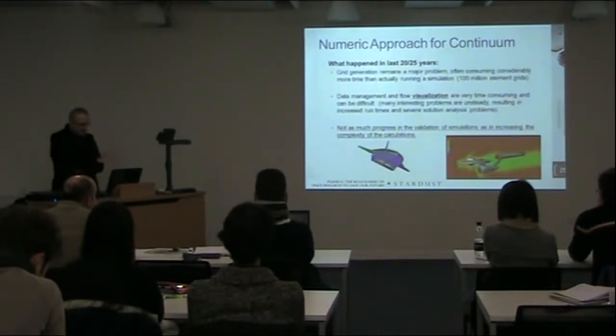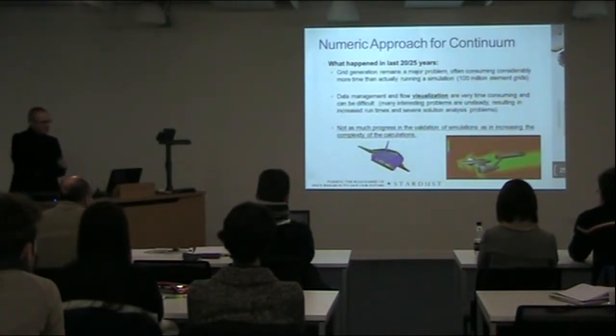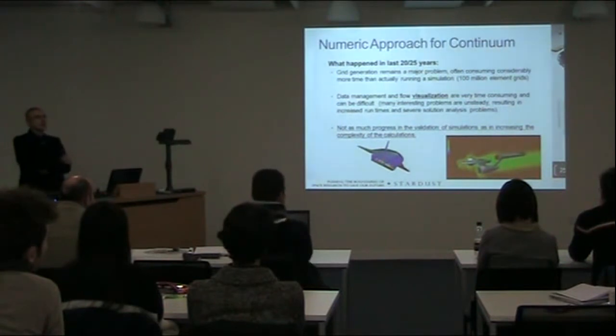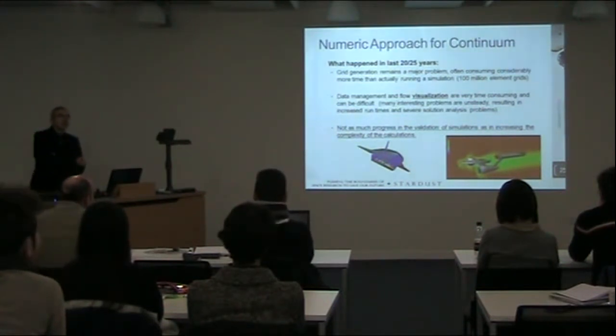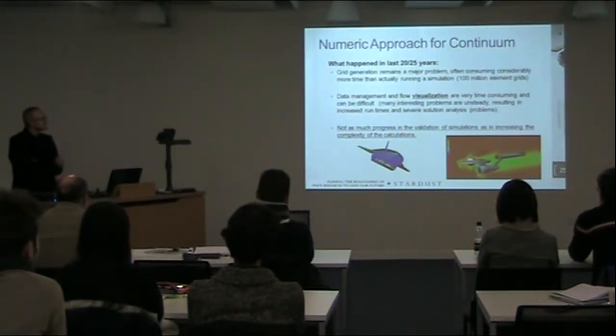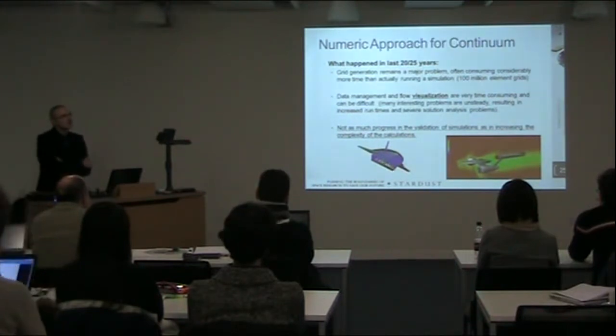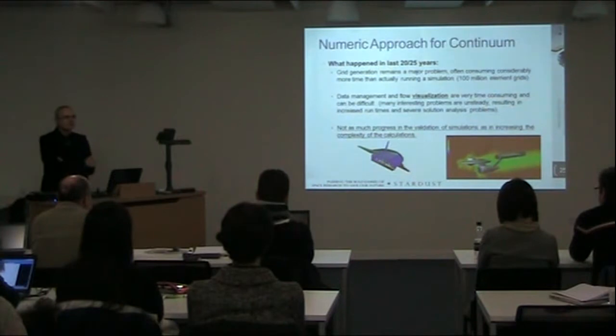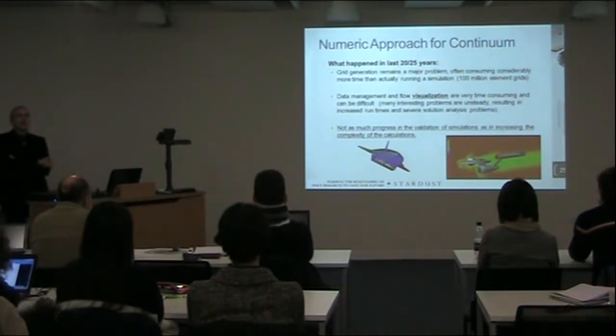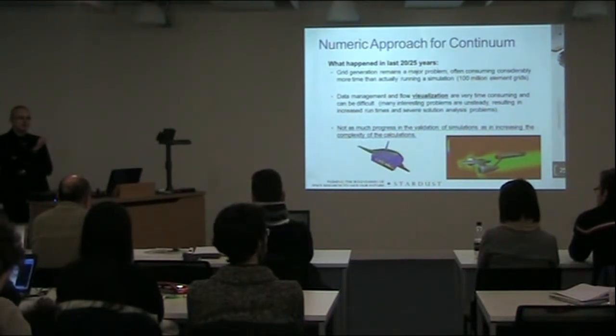Another thing: at the moment we still have problems with grid generation. The problem for grid generation is mainly due to the fact that we increased a lot the complexity of the cases that we want to treat. 20 or 30 years ago, the major challenge was to solve a part of a blunt cone.